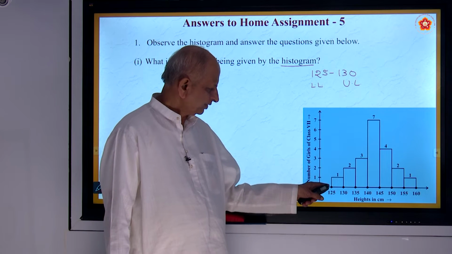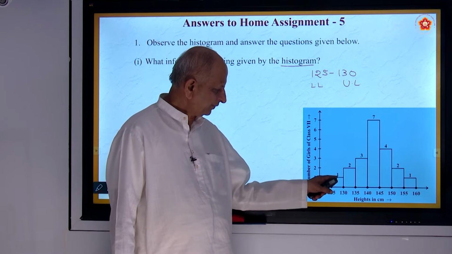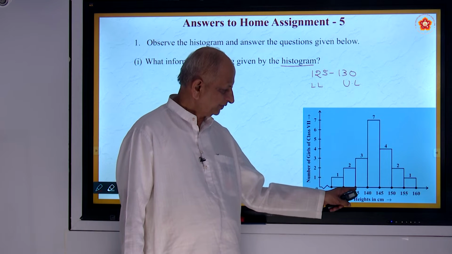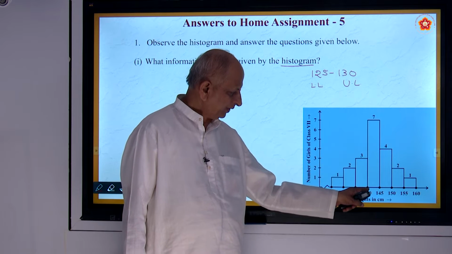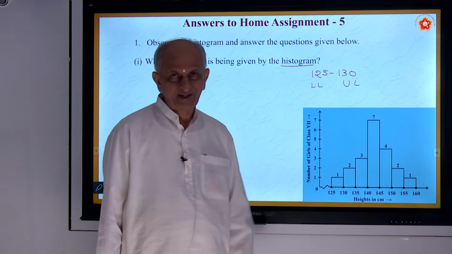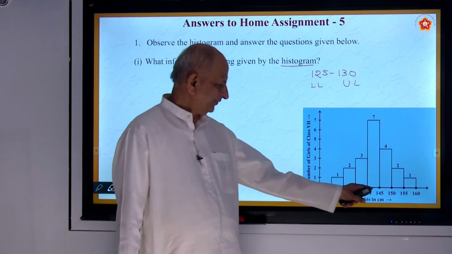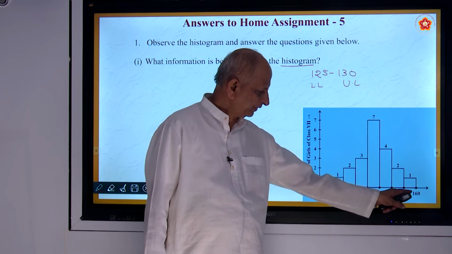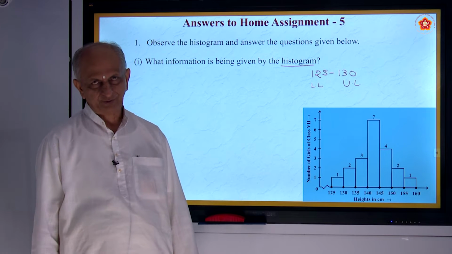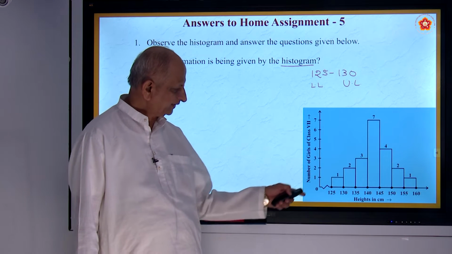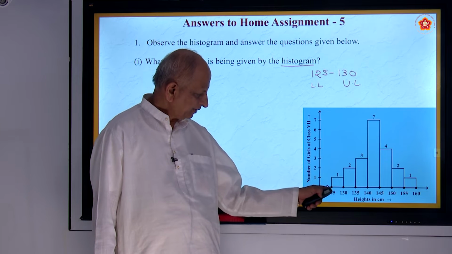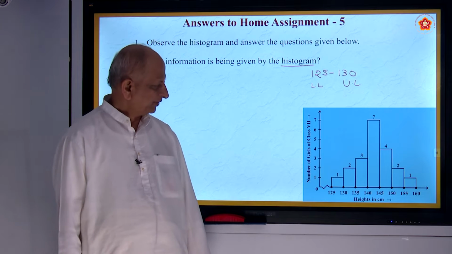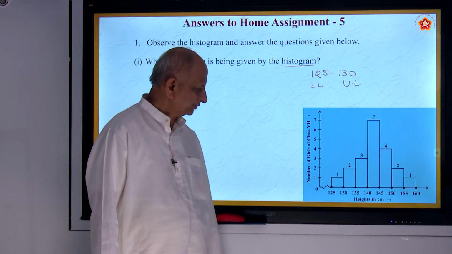For example, 125 to 130 centimeters, there is one girl. 130 to 135, there are 2 girls. 135 to 140, 3 girls. 140 to 145, 7 girls are there. 145 to 150, 4. 150 to 155, 2 girls. 155 to 160, 1. So we can make out that the height of the girls in that class 7 is from 125 centimeters to 160 centimeters. Okay, so this is what you can make out.